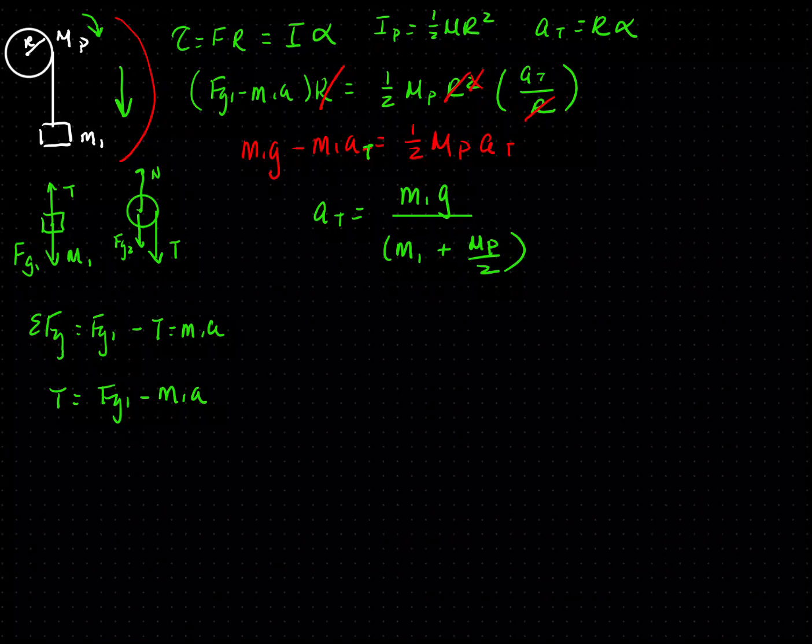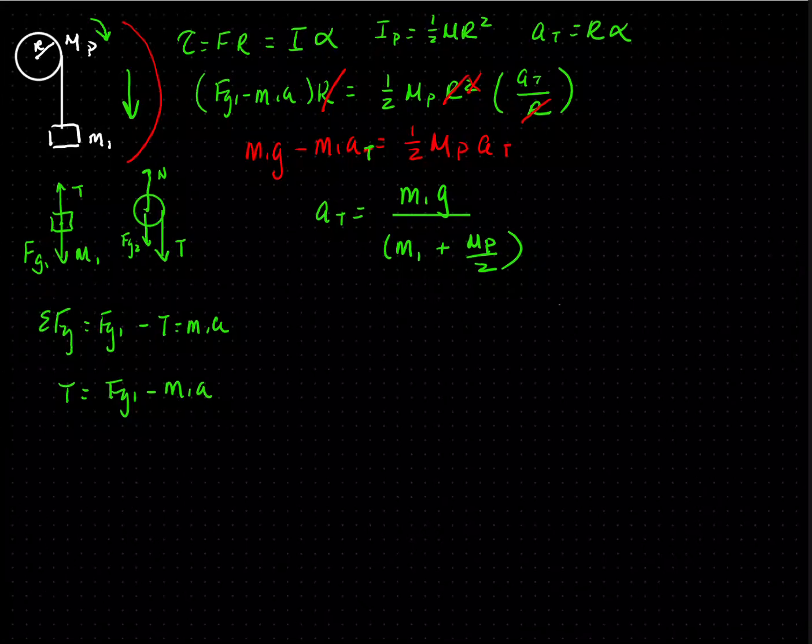This is my tangential acceleration for the system. After finding the tangential acceleration, you could find the velocity, the time, and the height that the box travels to the ground by using any of the linear kinematics equations.